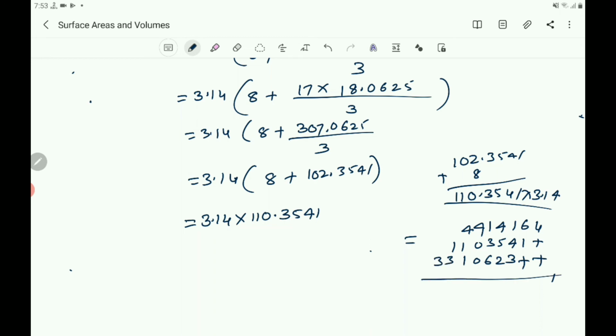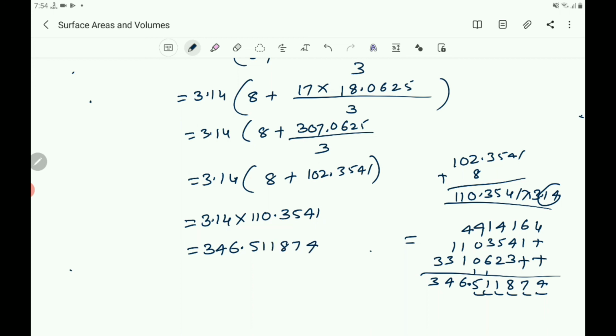Then what is the sum? Adding them up, with the decimal point after 6 places, you will get 346.511874.